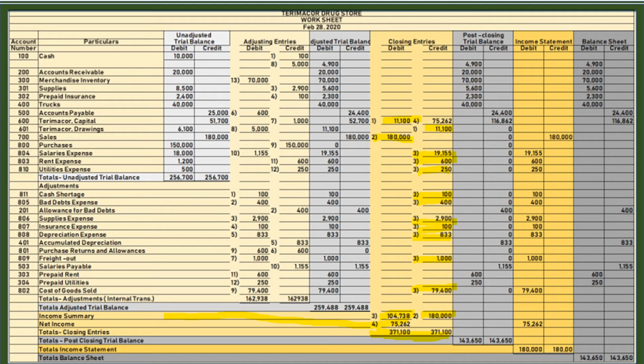Now, take note, all the zero balances here, except for the capital and drawings, that is the drawing, will be forwarded to the income statement. So take note, this is zero, forwarded. This is zero. What is the zero?